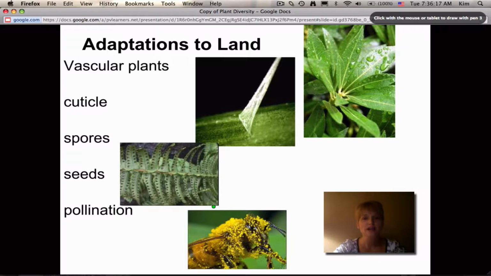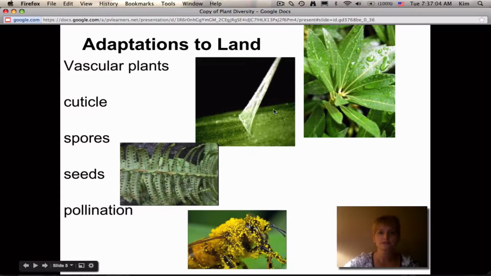So there were several adaptations that plants made. One of the adaptations is that they developed this vascular system. When we say vascular, we're talking about kind of like veins in our body. They transport water and nutrients around. So plants developed this vascular system which allowed them to grow taller and transport nutrients from low in the body of the plant to the top of the plant.